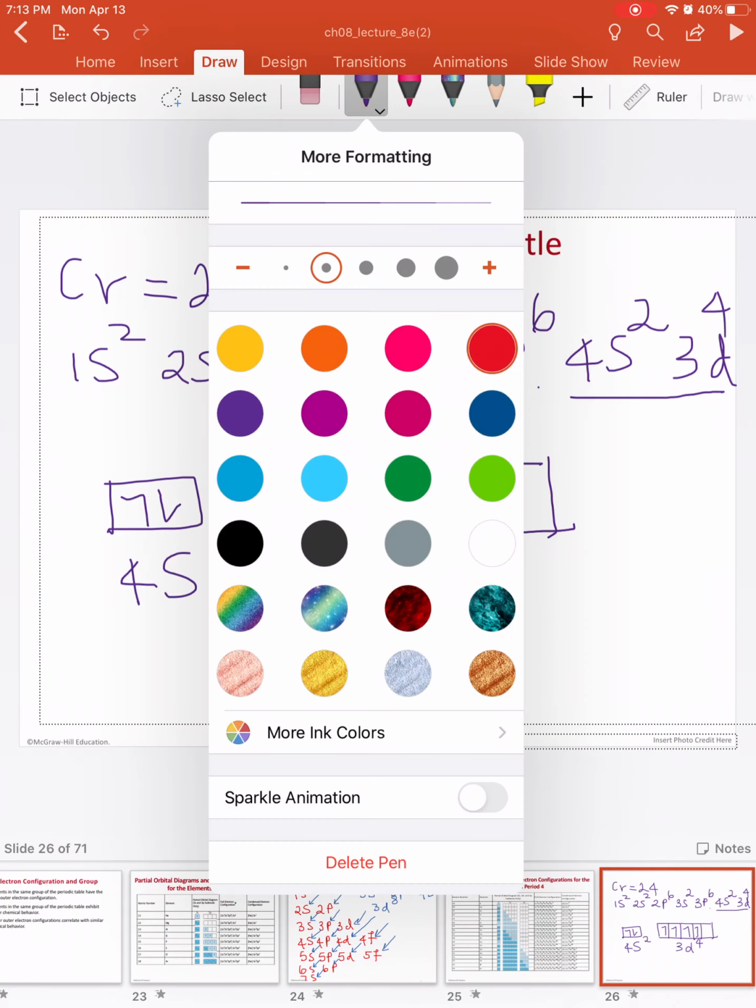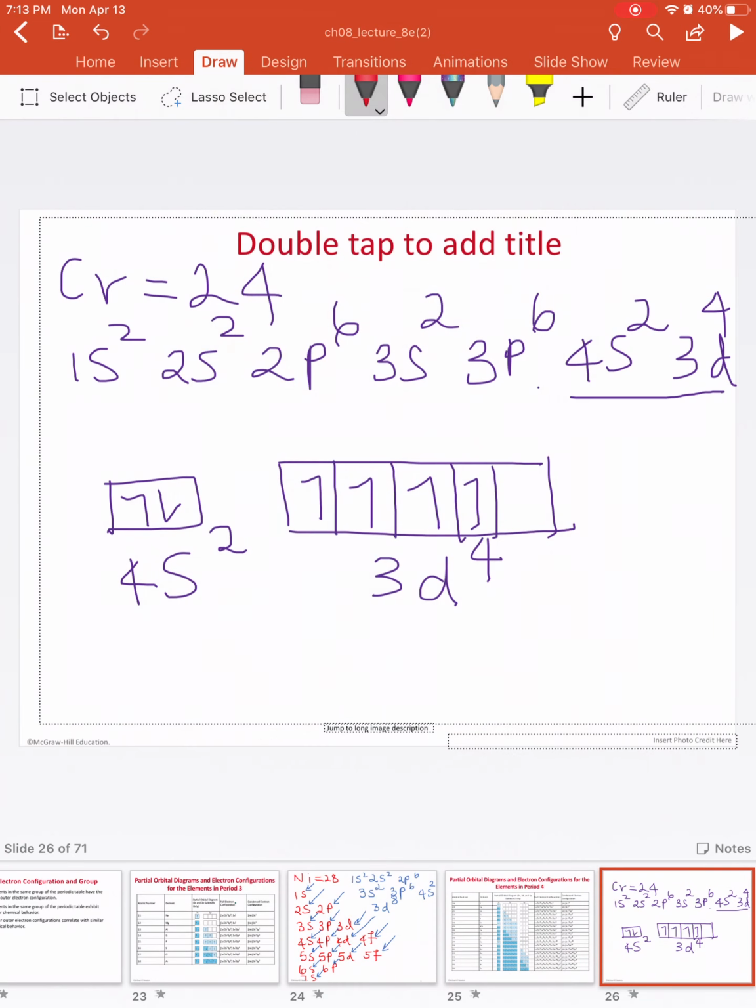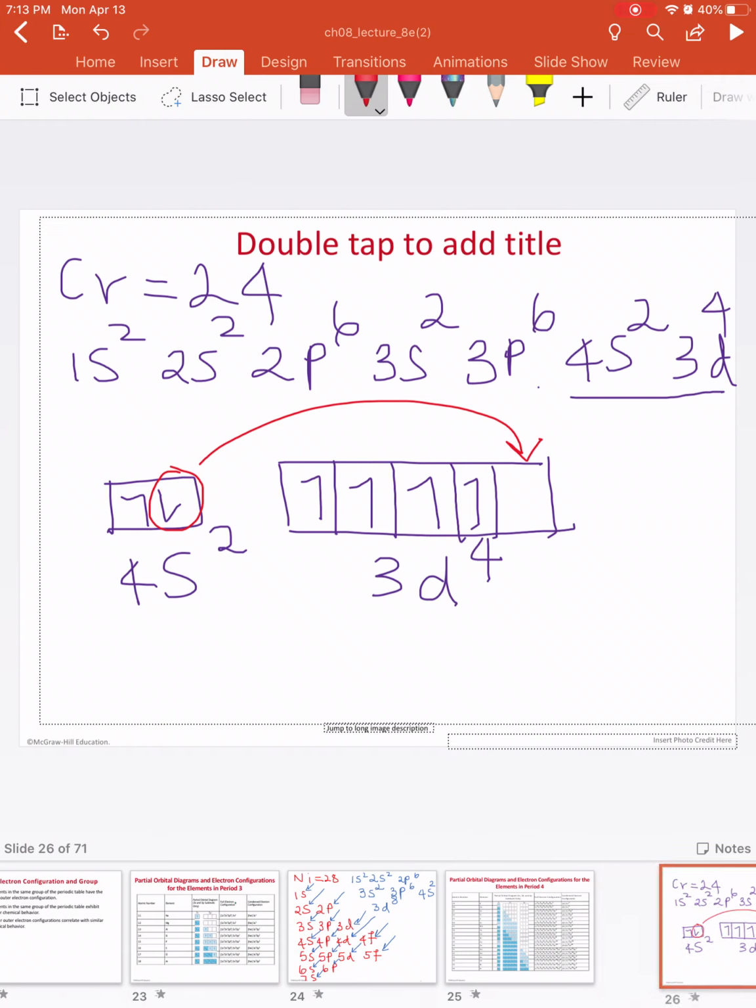one of the s electrons, it could be any electron, is going to jump into the empty fifth 3d orbital. So one of the 4 electrons of 4s2 is going to go here.